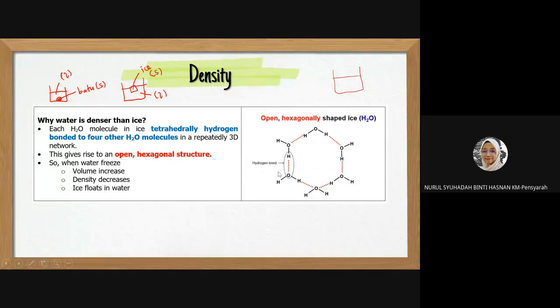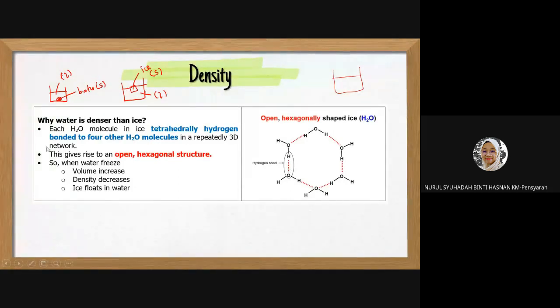So this is what we call as an open hexagonal structure untuk ice. Sebab kita tahu solid dia ada susunan yang padat dan teratur. Okay, jadi bila H2O molecule susun diri dia secara teratur, it will give rise to this, an open hexagonal structure. So this open hexagonal structure akan ada surface area yang besar.